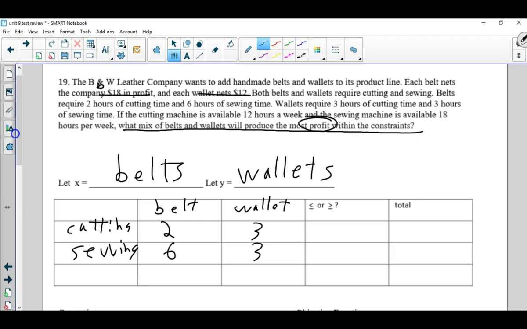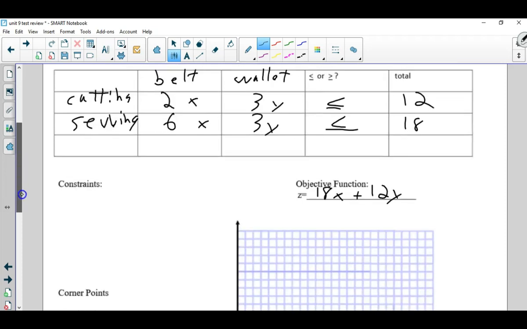It says the cutting machine is only available for 12 hours, and the sewing machine is available for 18 hours. So that's less than or equal, less than or equal. Now we can put our X and Y up here if we want. And we're ready to go.